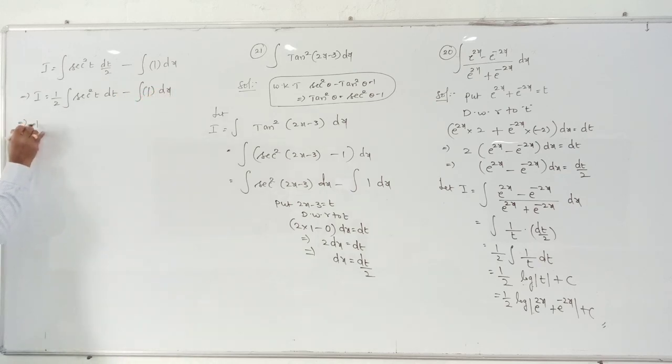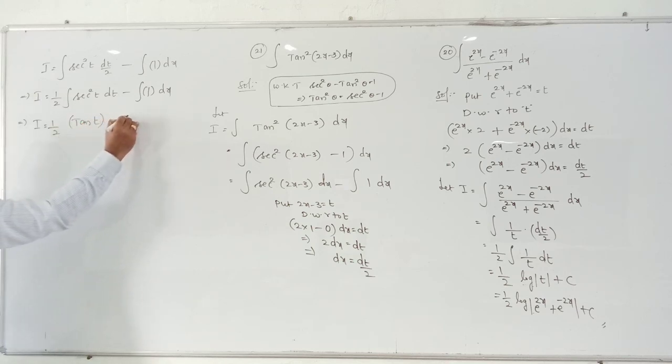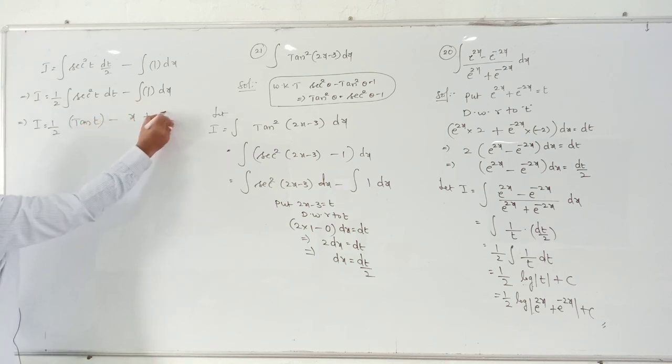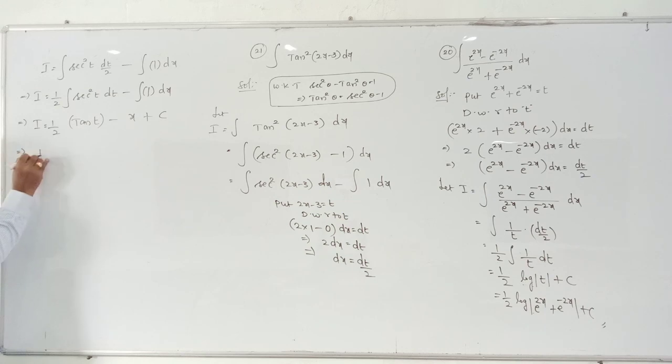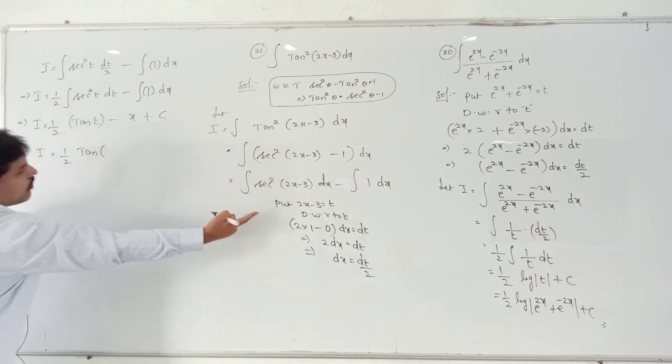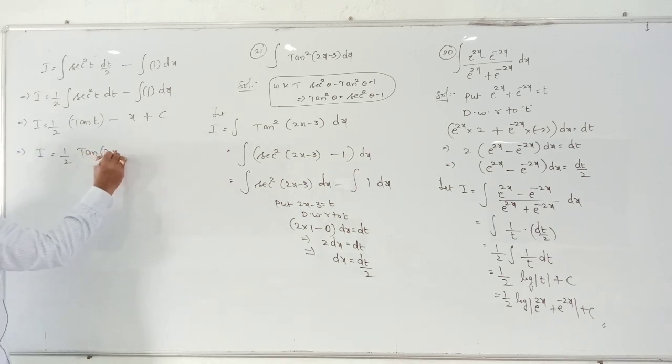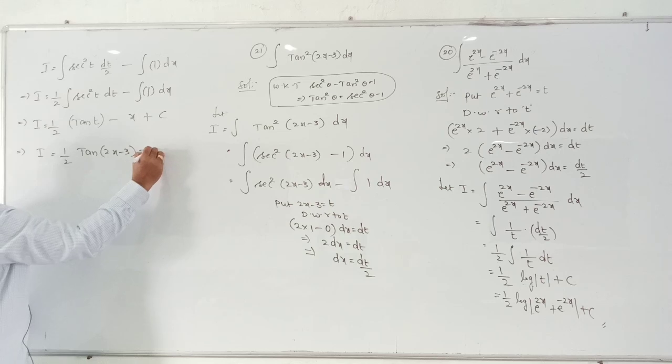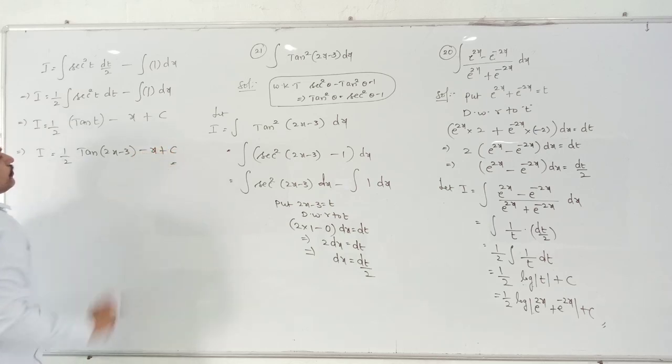So I is equal to 1 by 2 into tan t, minus x, plus c. The t value we took is 2x minus 3, so 1 by 2 tan (2x minus 3) minus x plus c.